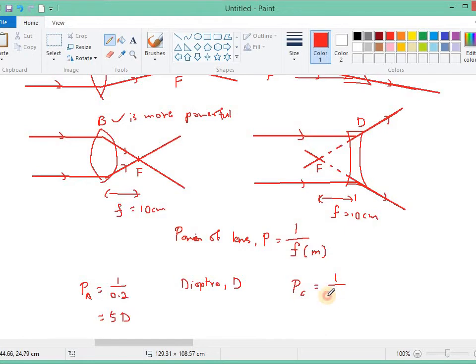So that means this is negative 20, so this is negative 5 diopter.